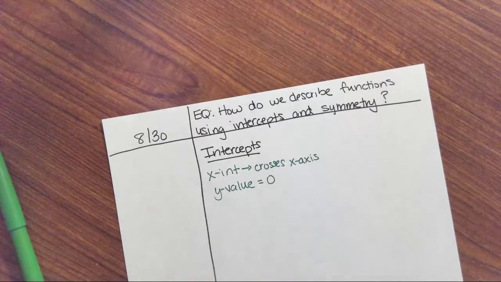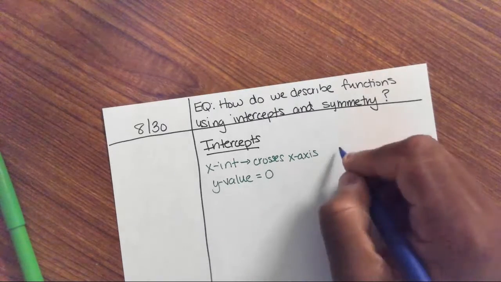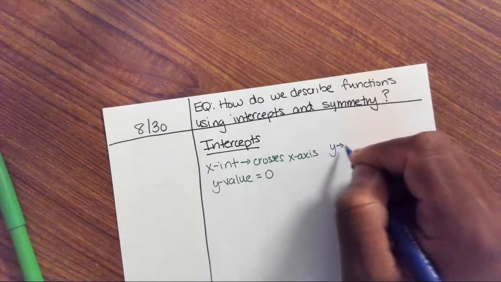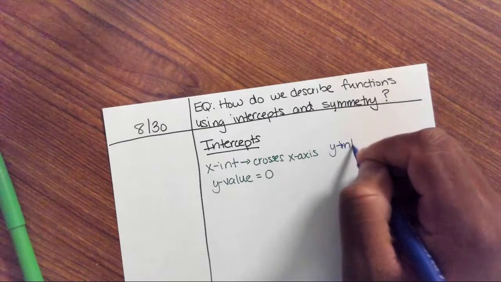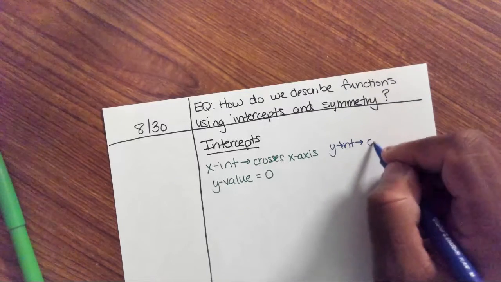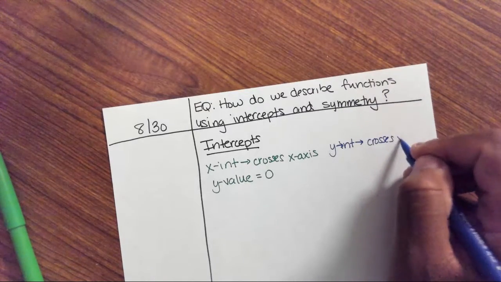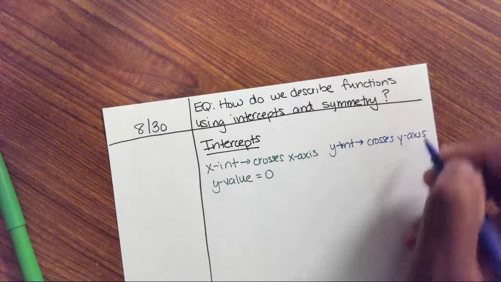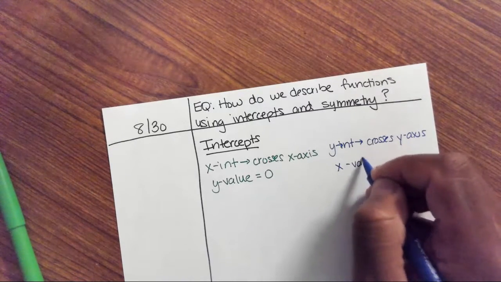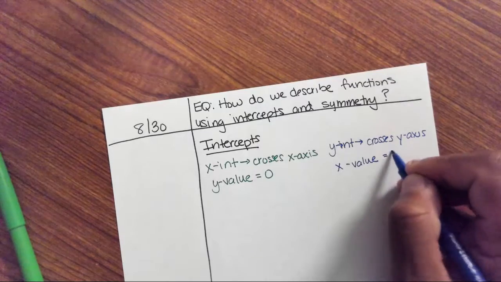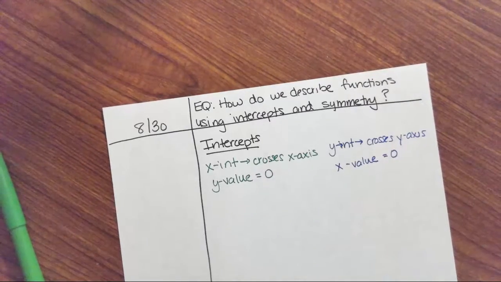And in a Y-intercept, what's special about that point? It's where it crosses the Y-axis, right? What's the X value at that point? 0. So essentially what you're looking at now is this.